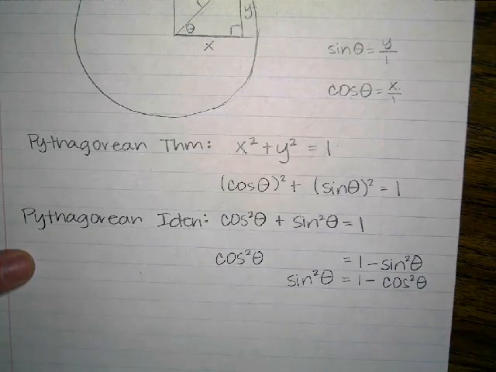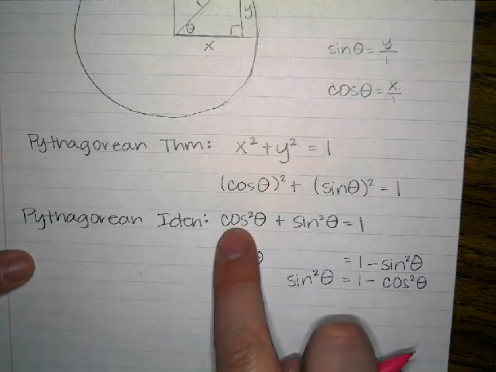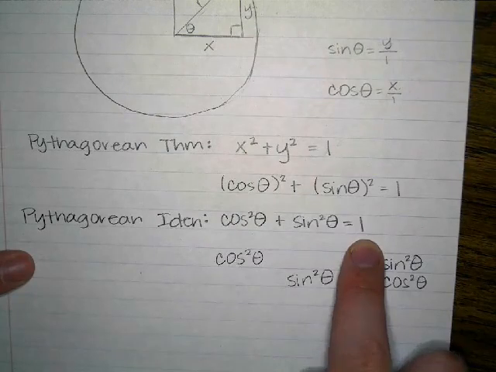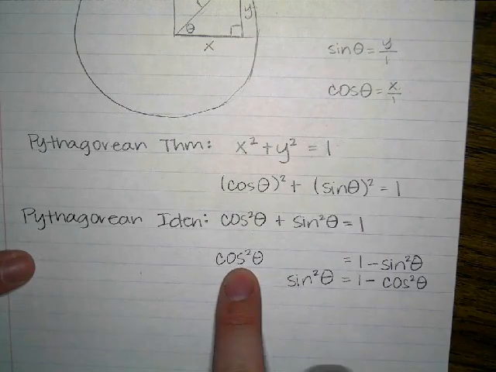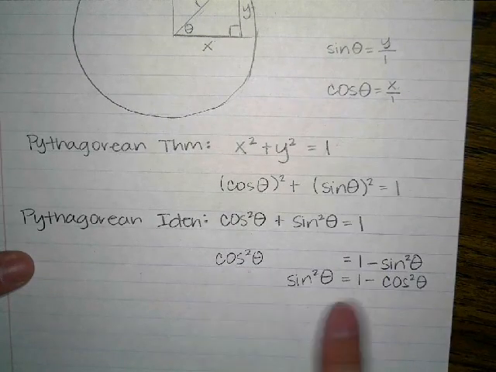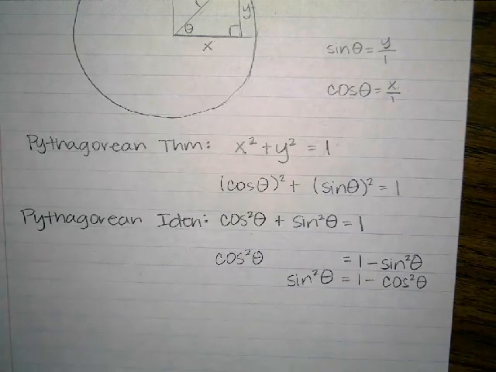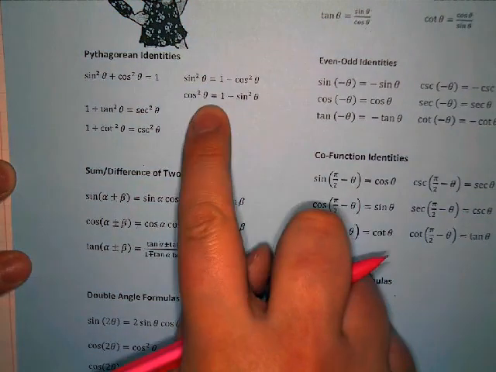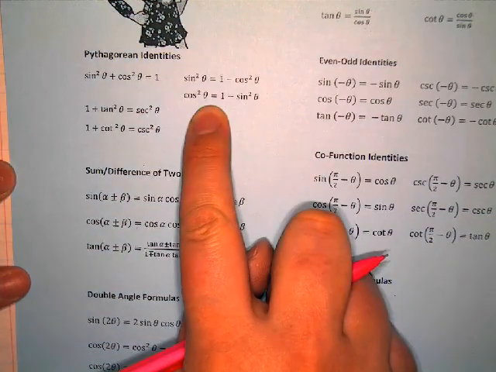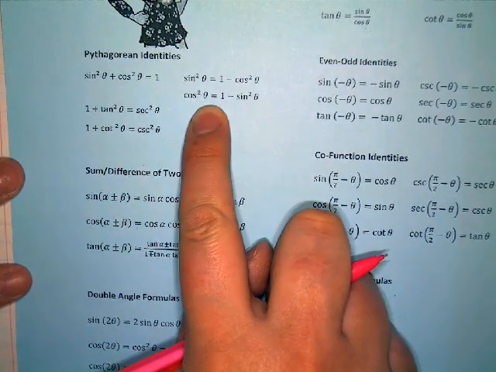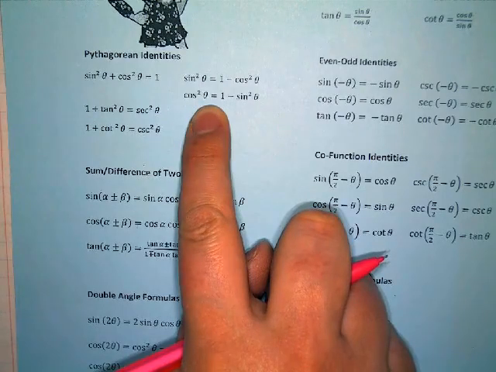So we have the original Pythagorean identity, and then we have how you would get cos squared isolated and how you would get sine squared isolated. And so that's where the other two came from. Okay. Does that make sense? Okay.